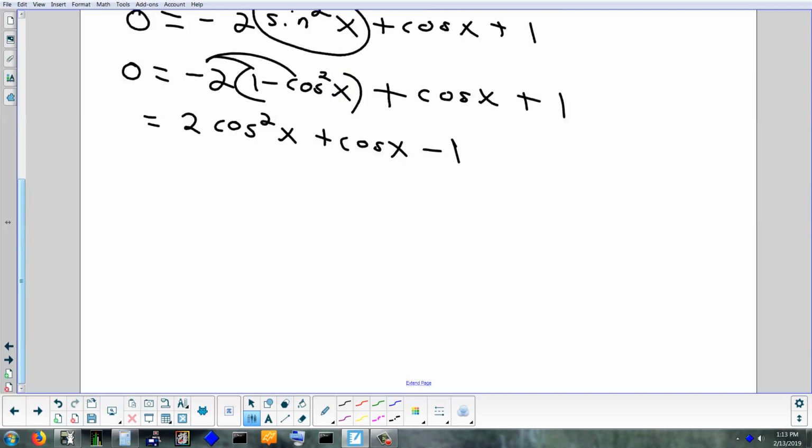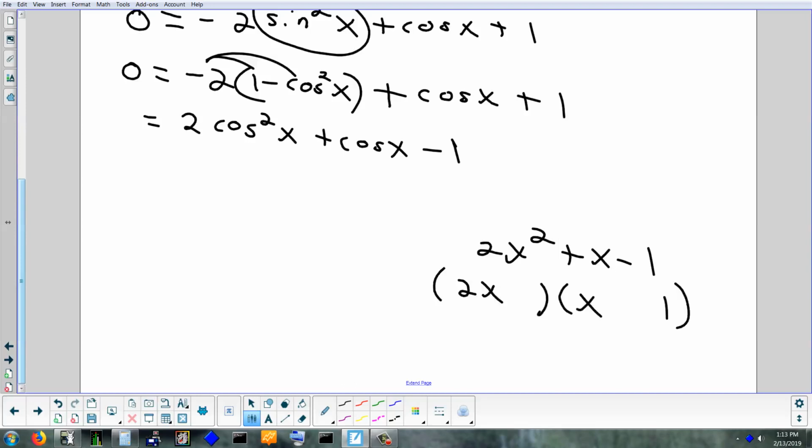And now what I'm trying to solve is something like this: 2x squared plus x minus 1. That's the same type of problem. Now, if you tried to factor this, you would have 2x and x. There's no options there. You would have to have 1 and 1. There's no options there. The only option you have is whether you do plus minus or minus plus.